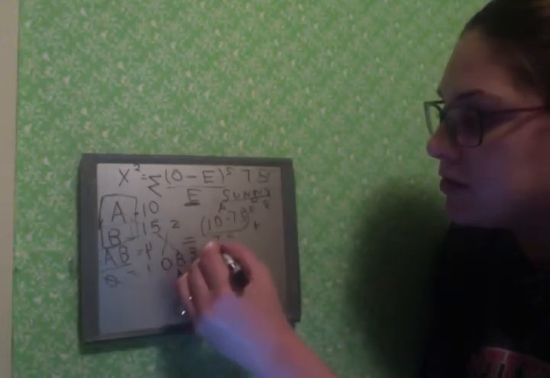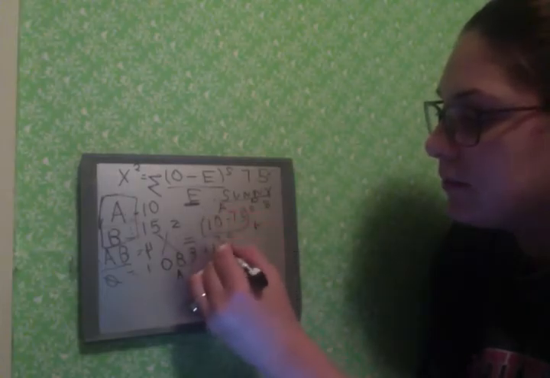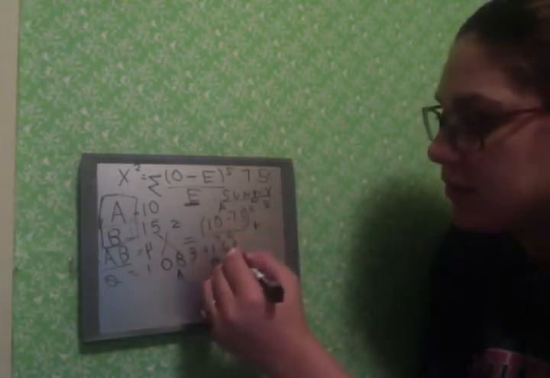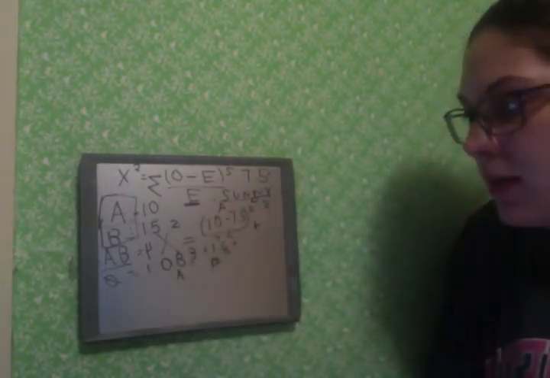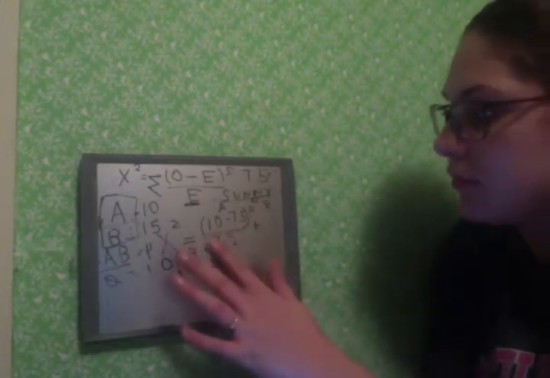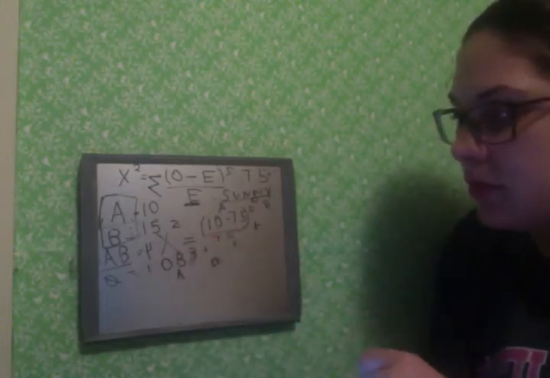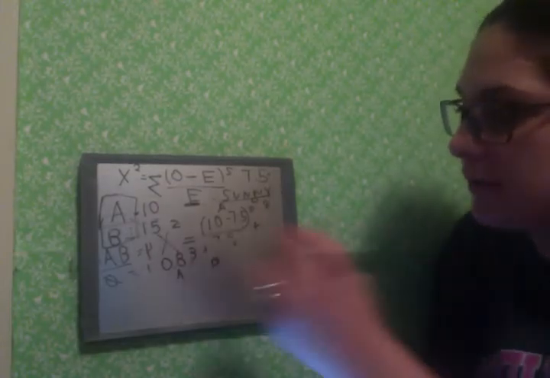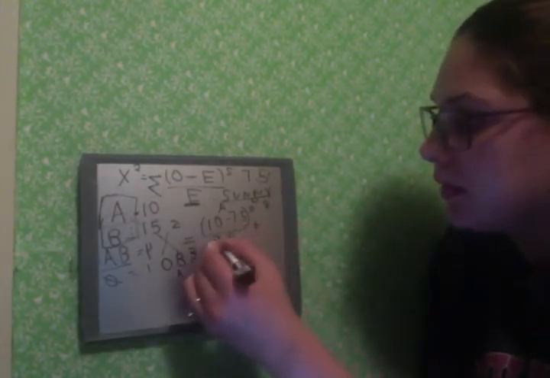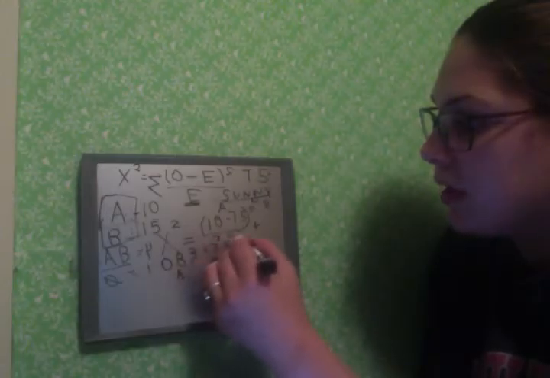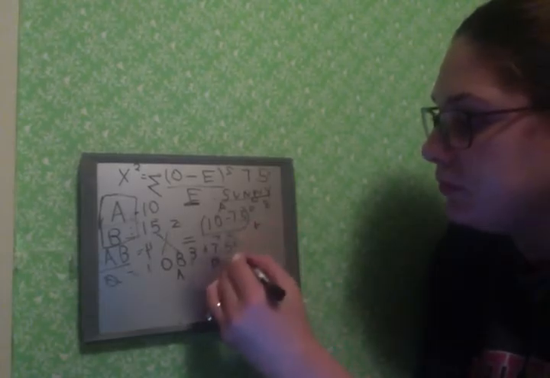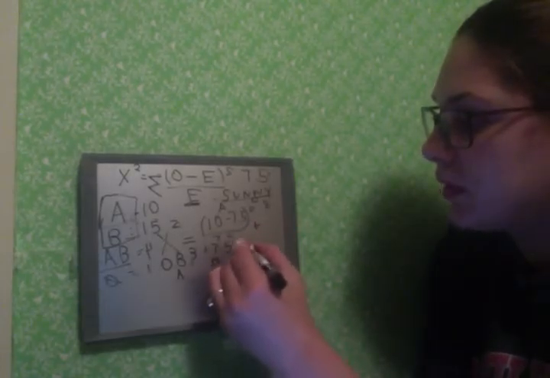And this one, B, was 7.5. And then the A and B together is 1.6.